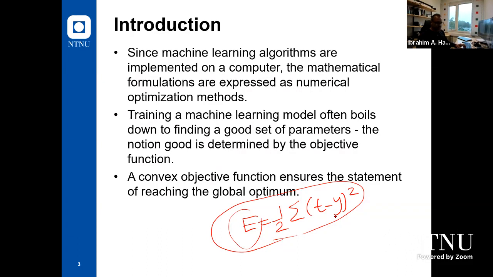So training a machine learning model often boils down to finding a good set of parameters. The notion of good is determined by the objective function. How good and how bad? We need to find this using the value of E. So at the end, you have prediction error, and we need to minimize it as much as possible. How can we do this? By training. And in the training process, we will find a set of values.